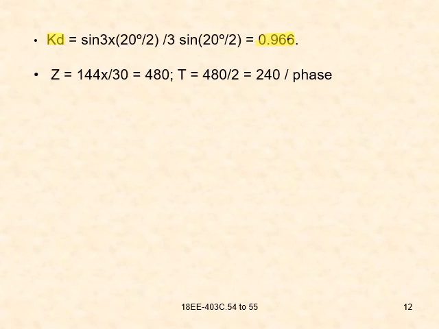From that we can calculate the value of T is equal to 480 by 2, that gets 240 per phase.